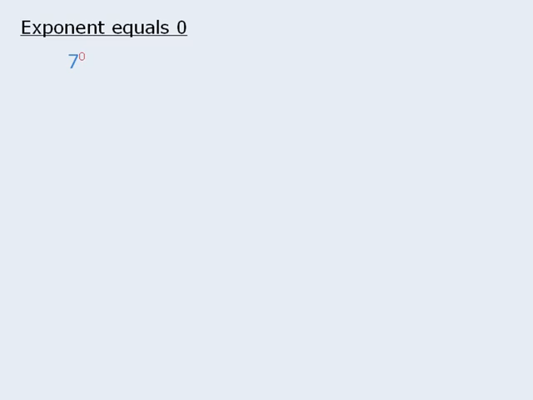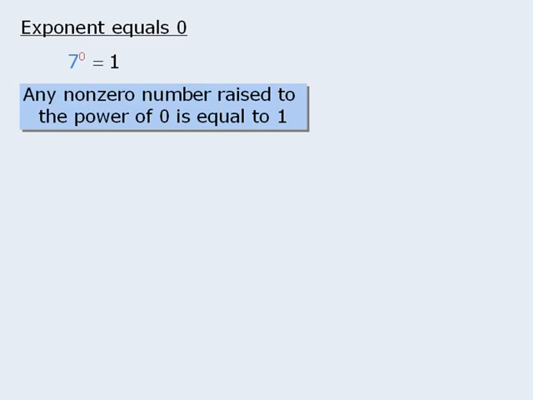The next property concerns expressions where the exponent is equal to 0. Now, at this point, our current definition of exponent falls apart. What does it mean to take the base of 7 here and multiply it by itself 0 times? It seems that 7 multiplied by itself 0 times should equal 0, but it turns out that it actually equals 1. In fact, if we take any non-zero number and raise it to the power of 0, the result will always be 1.